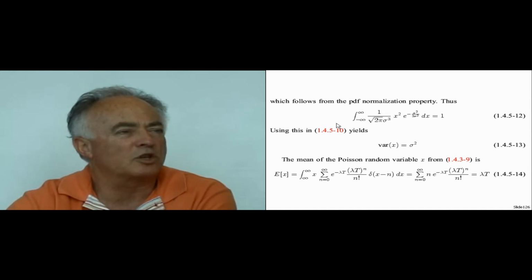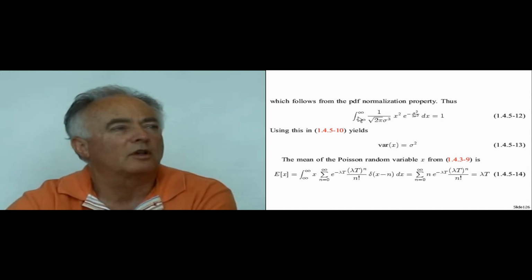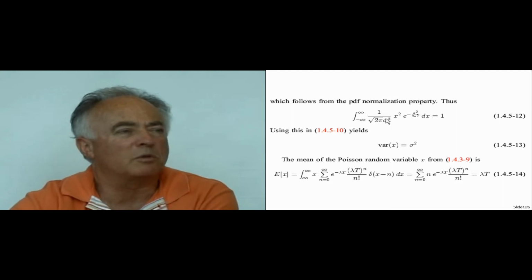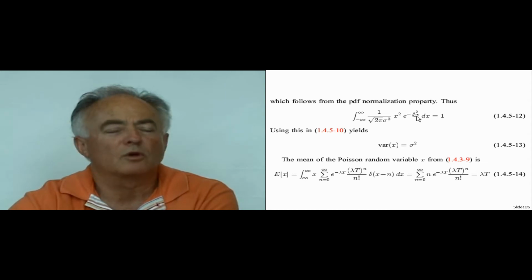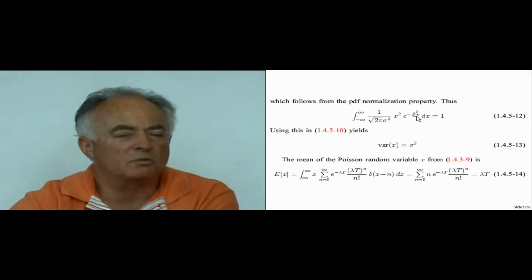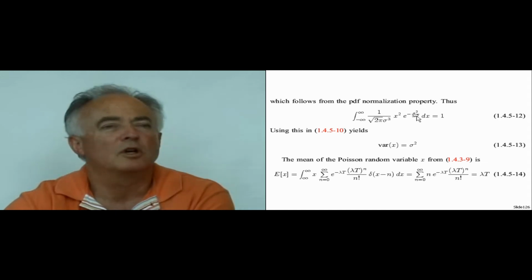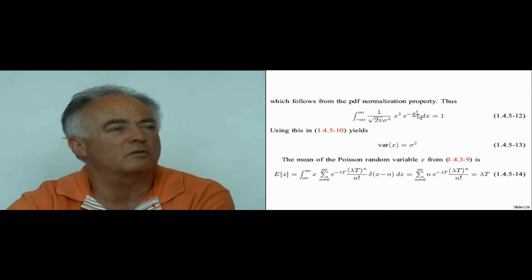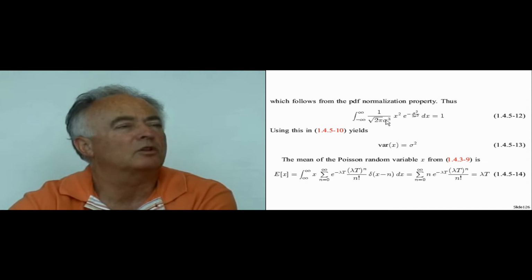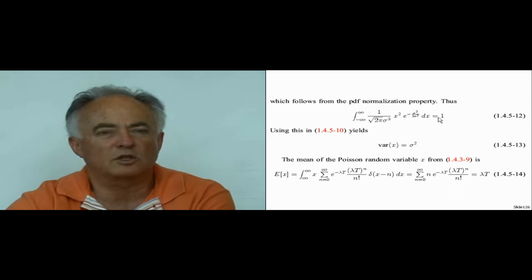Once we differentiate, we end up with this result: the integral, and there will be a sigma to the power 3, because what we had was a 1 over sigma squared, that becomes sigma to the minus 2, and differentiating gives sigma to the minus 3, and the exponential stays as is. So the differential of this is x squared over sigma cubed, and there's a minus that cancels with this minus, and the right-hand side just gives us plain unity.